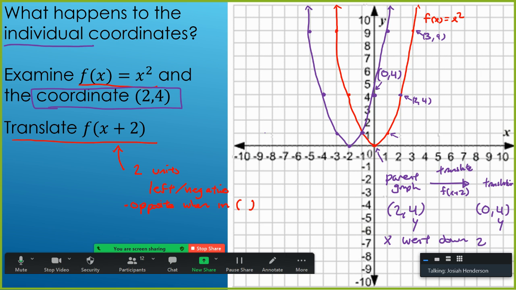From the rule we were given, which was, in this case, f of x plus 2. Your mind now knows, okay, it's in the parentheses, so that's opposite of what it looks like, and it applies to the x, not to the y. The y stayed the same. X had to go down 2, though, because the rule was plus 2. But then you know it's in the parentheses, so we do opposite, not face value.